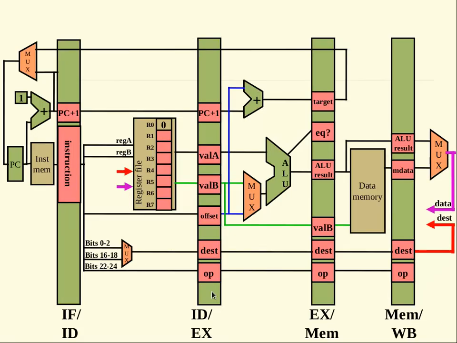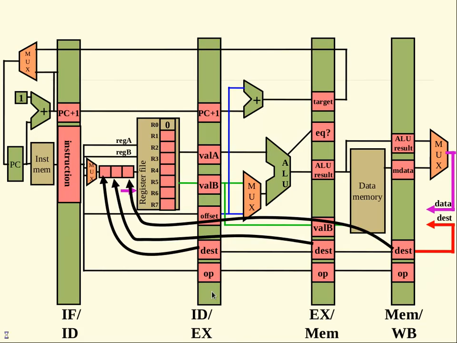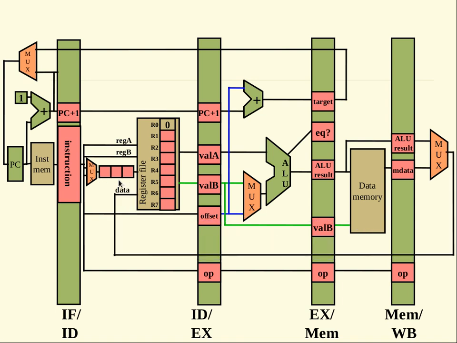It looks like we need to go into the future, but luckily we don't. We can first detect if the register is going to be used by just storing the destination register of each of the proceeding pipeline registers. Each of these destinations is stored over here to detect if there is a hazard. This is how you detect them.